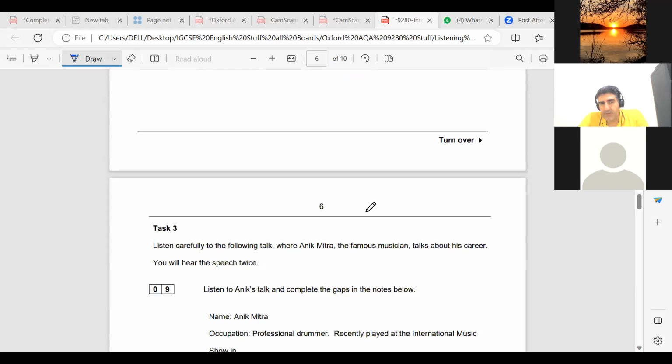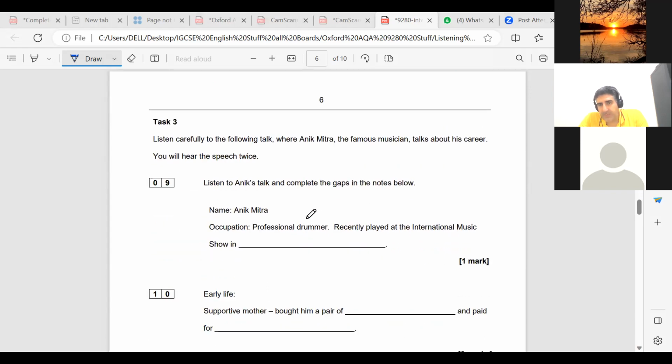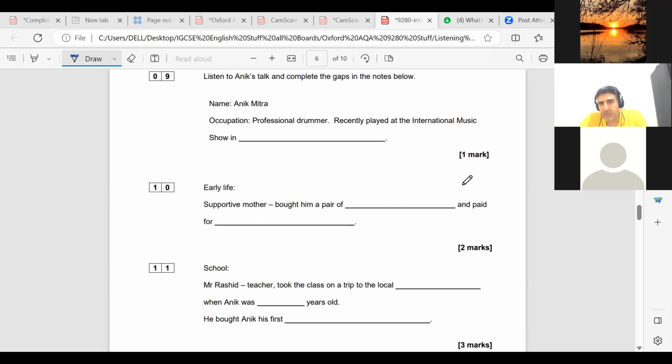Okay. Part 3. Again, part 3, as I told you, is a monologue, 1 person only. But in this part, shabab, you should fill gaps. You have gaps like this. Listen to Annick's talk and complete the gaps in the notes. 1 mark here.